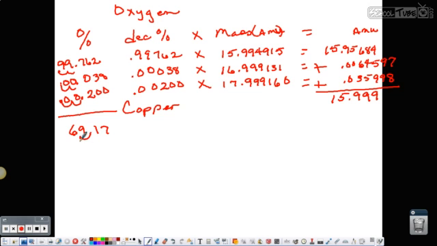Divide that by 100, move your decimal, and you get 0.6917 times the mass, 62.929599 equals. When I multiply those two numbers, I'm going to get 43.5284.